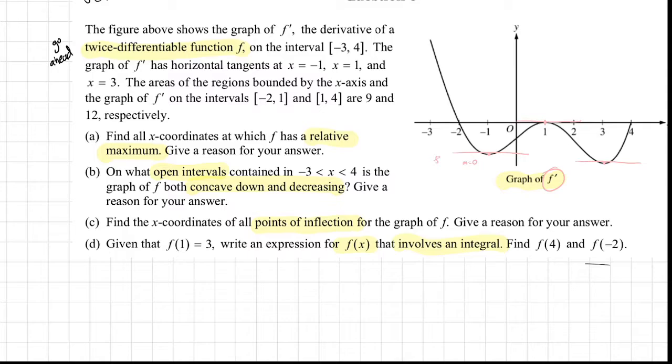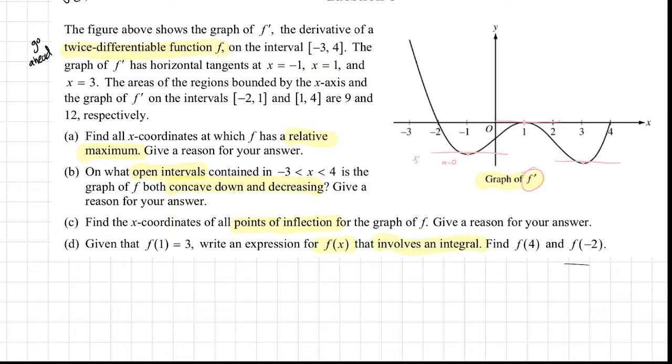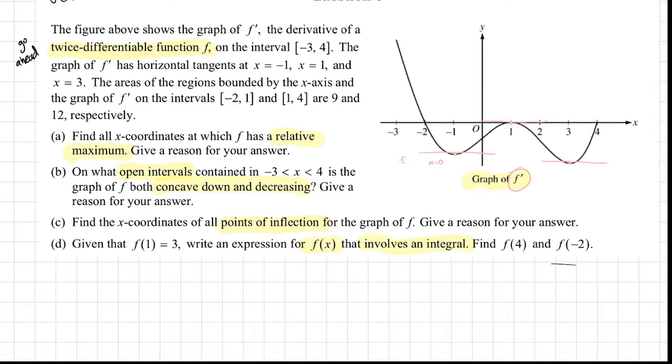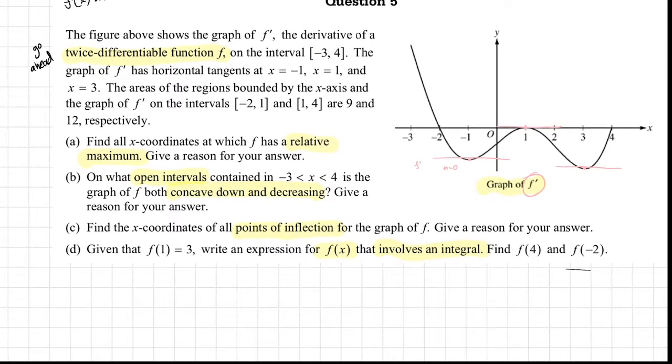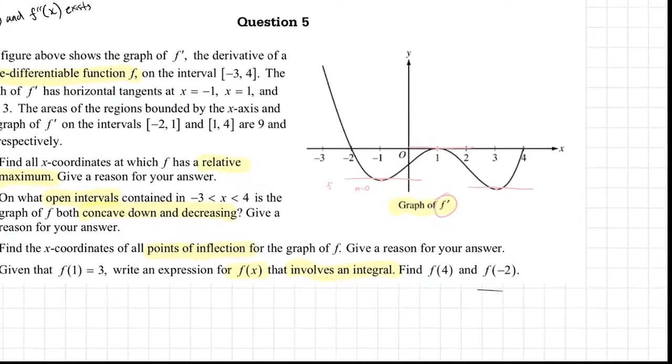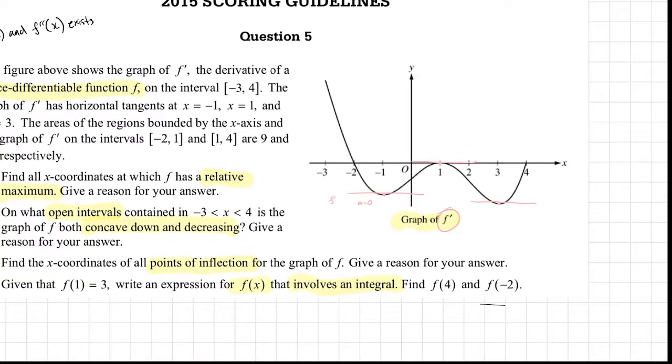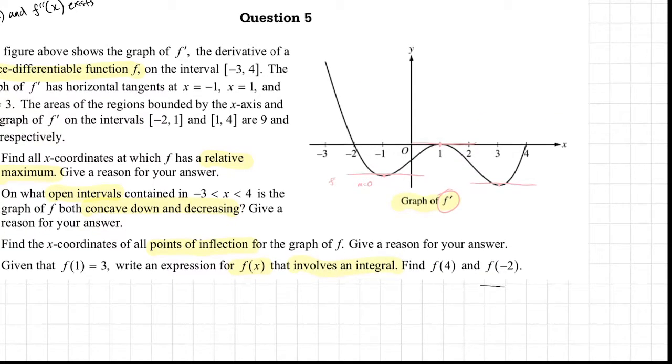Now the areas of the regions bounded by the x-axis and the graph of f prime on the intervals -2 to 1 and 1 to 4 are 9 and 12, respectively. So we really don't have any bounds here, that's fine, it tells you the rest.